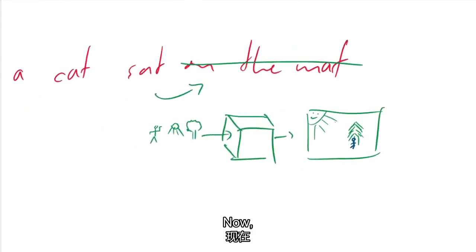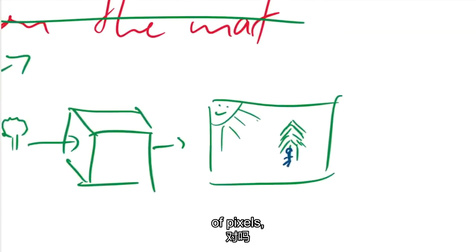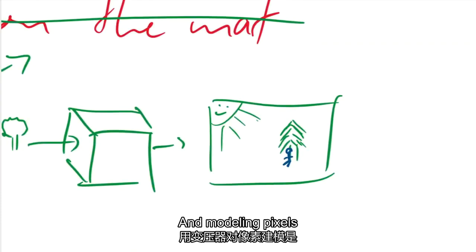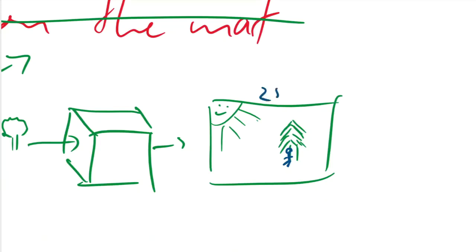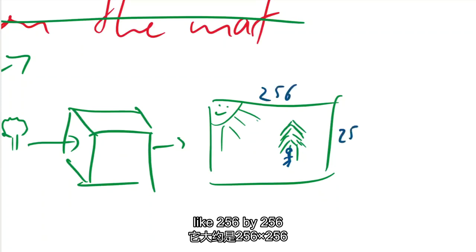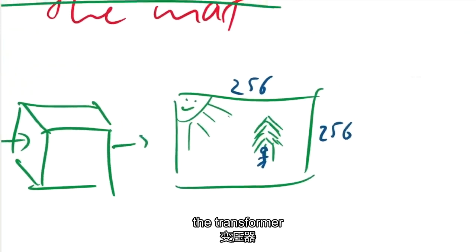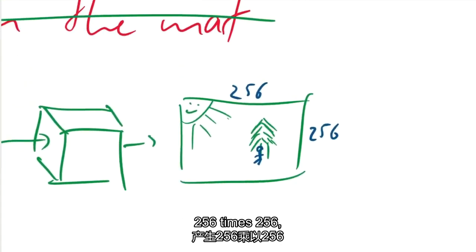Now the image on the right consists of pixels, right? And modeling pixels with a transformer is very, very hard, because in the case of our model right here, it's something like 256 by 256 pixels. That would mean the transformer would have to generate 256 times 256, which is 2 to the 16.